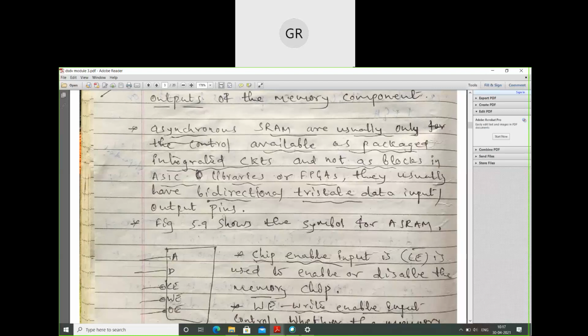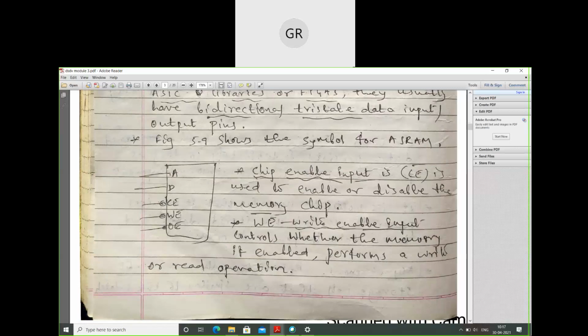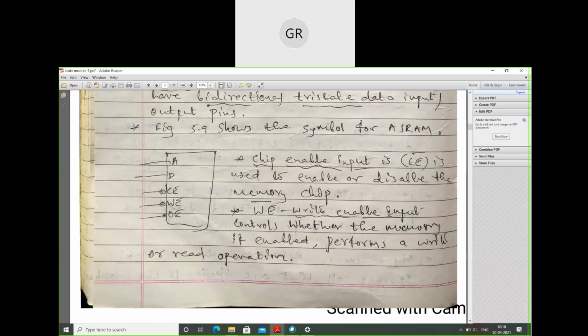This is the symbol of asynchronous SRAM, which has the input pins address, data, CE bar, WE bar, and OE bar. A stands for address, D stands for data. CE bar is used to enable or disable the memory chip. WE bar, the write enable input, controls whether the memory, if enabled, performs a write or read operation. OE stands for output enable input.